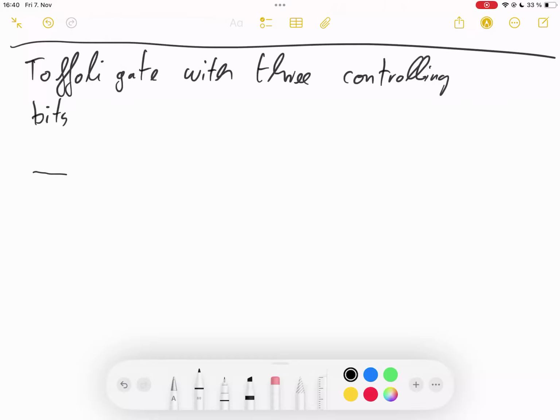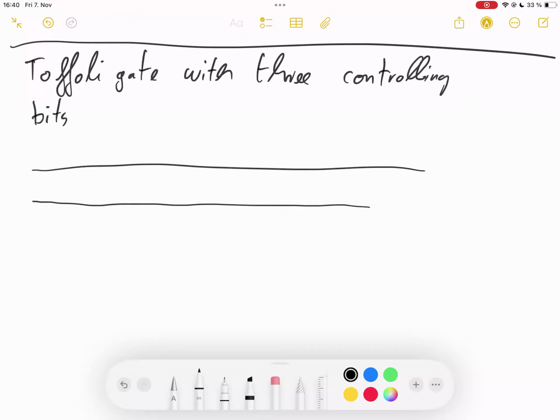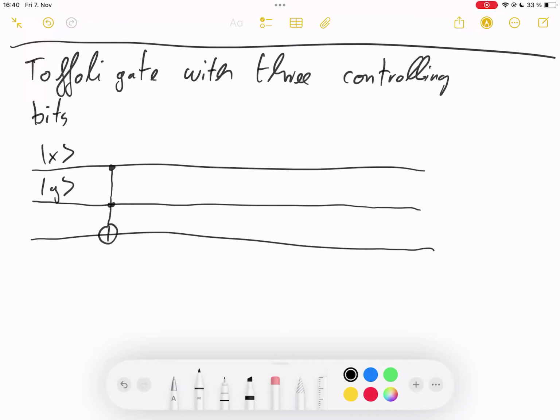So I'm starting with the first Toffoli gate, X and Y. This is my first Toffoli gate.